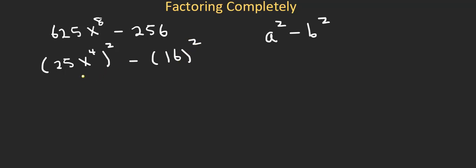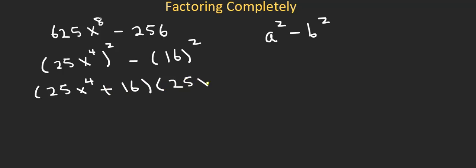So your a is 25x to the 4, your b is 16. So you end up getting 25x to the 4 plus 16 times 25x to the 4 minus 16.